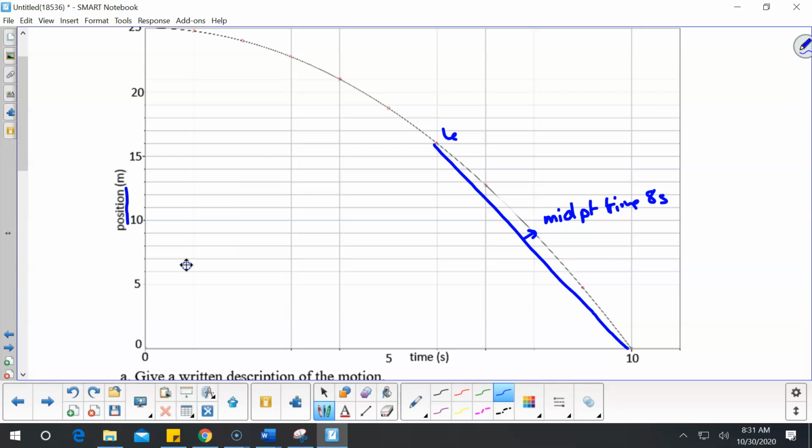So if I chose 6 seconds and 10 seconds and I drew the secant line, you could also draw the tangent line there. It's a little bit harder to do with this, and calculate the slope of the tangent line, and that would give you the instantaneous velocity at that point. You can choose to do either tangent or secant. I would say with the secant line, you're going to be more precise.